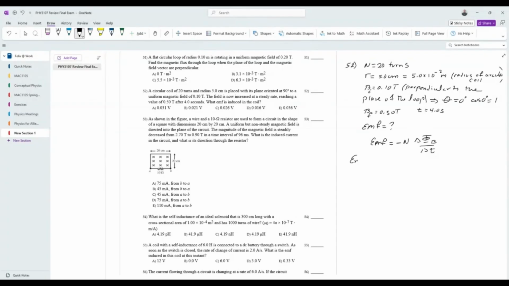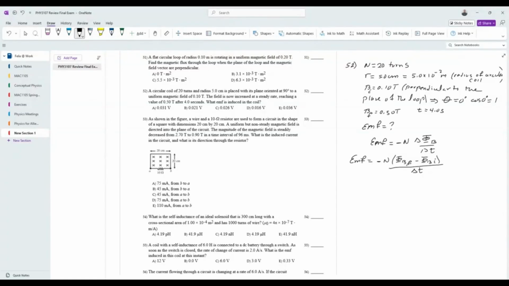Well, in this case, the electromotive force would be negative N times phi sub B final minus phi sub B initial, the final magnetic flux minus the initial magnetic flux, divided by the time that it takes for this variation.